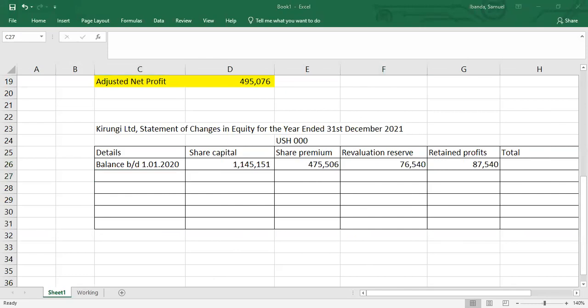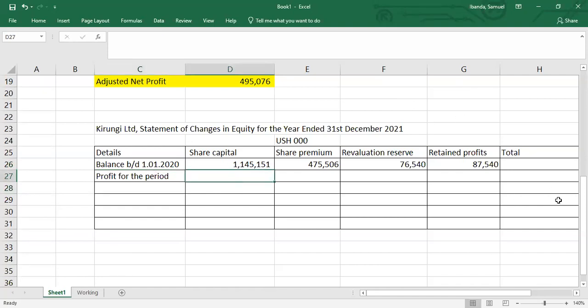Okay. Now, after I've done that, mine is now to recognize whatever has happened within the period. One of the things that happened in the period was the profit. So the next thing I want to do is record the profit for the period, ending December 2020.